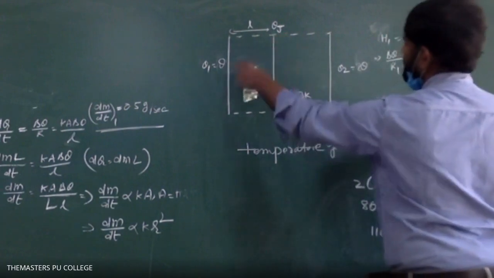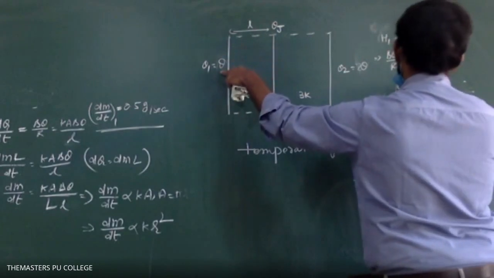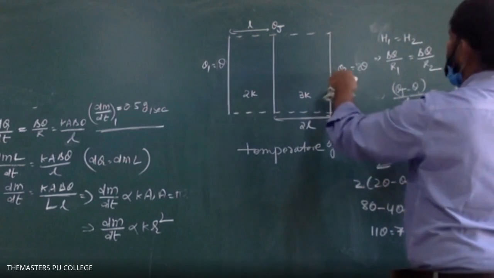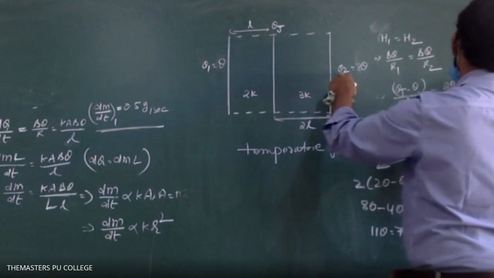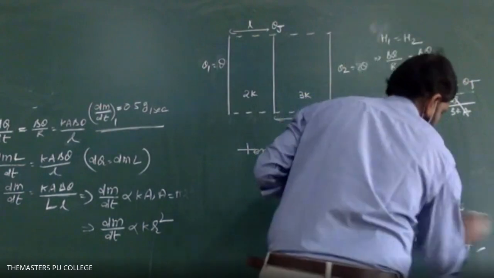From here to here, heat is flowing, so what is the rate of heat to this rod? Theta j minus theta equals 2 theta minus theta j. L by k gets cancelled.